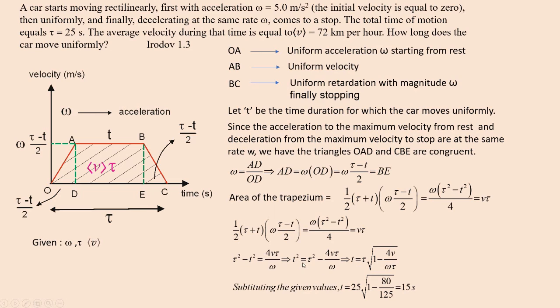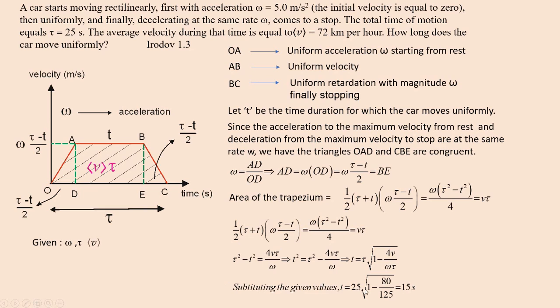So T is equal to tau outside, the square root of tau squared being tau, times the square root of 1 minus 4 v by omega tau. We put the square root because we are finding T, not T squared. So when you take the square root, it becomes tau times this square root.